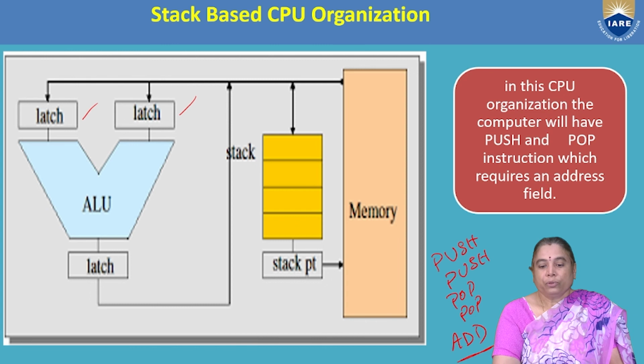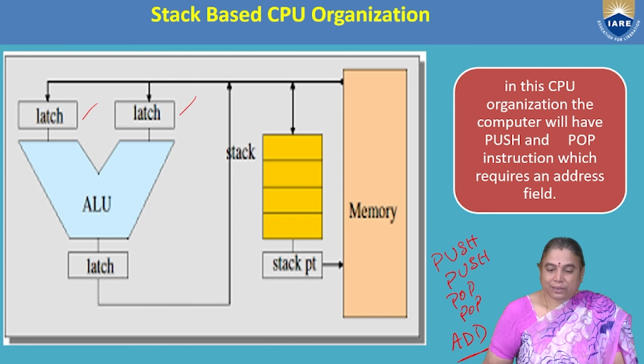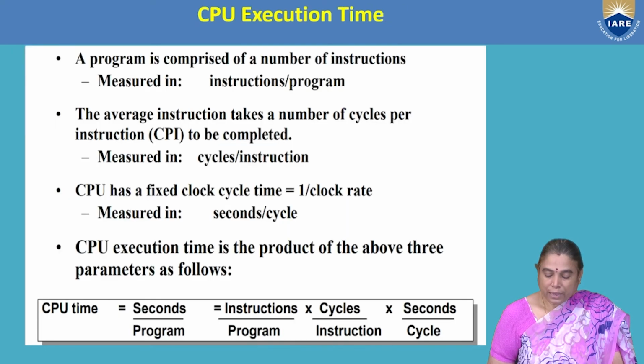In order to increase the throughput, the number of instructions that can be executed per unit of time has to be improved, by allowing multiple instructions to be executed simultaneously. So this has to be achieved with multiple CPUs.